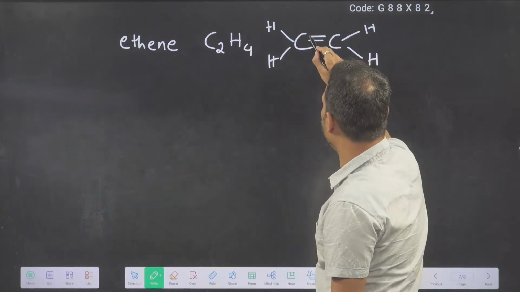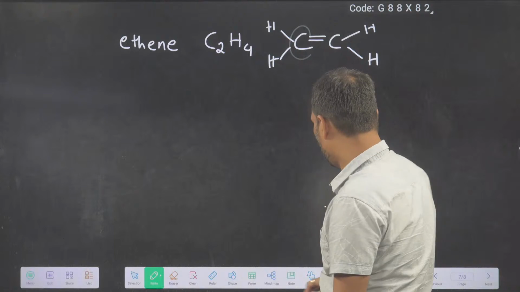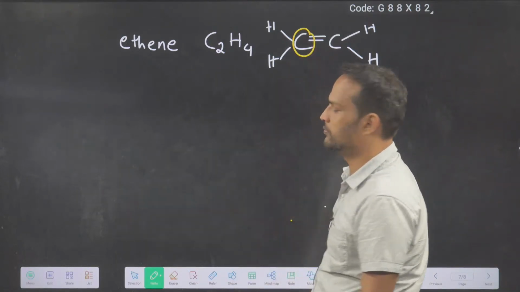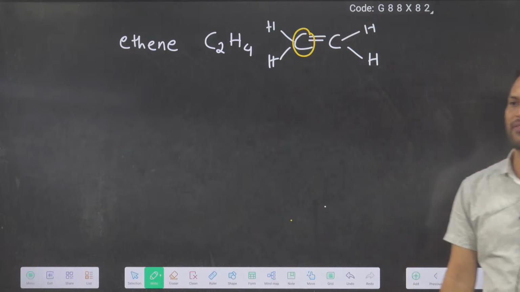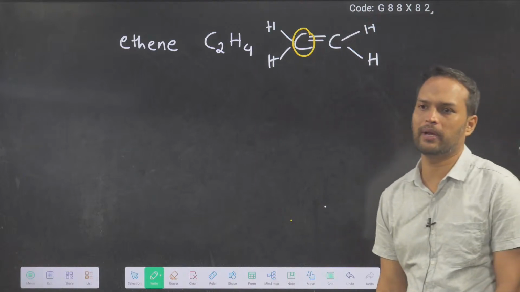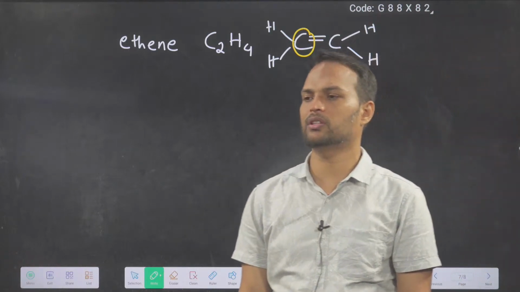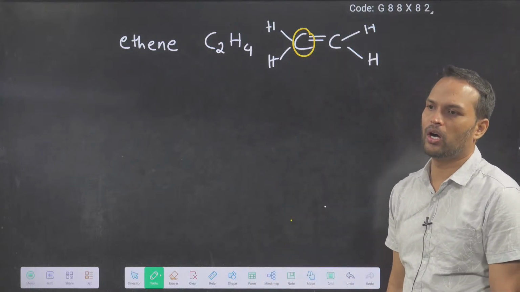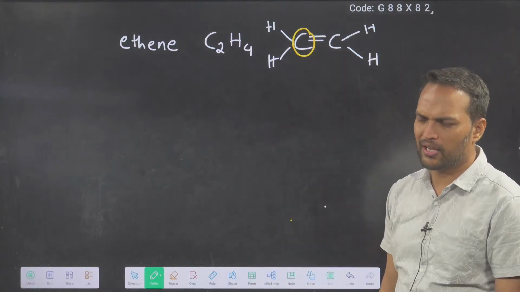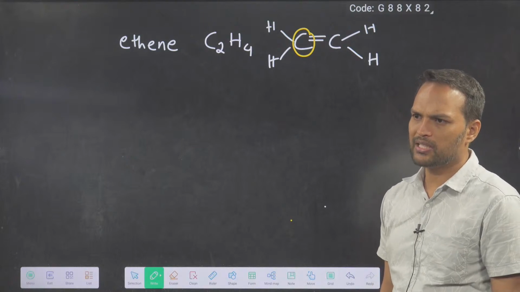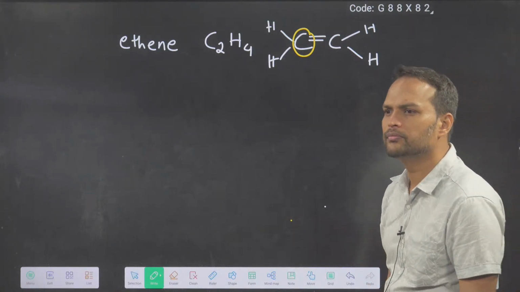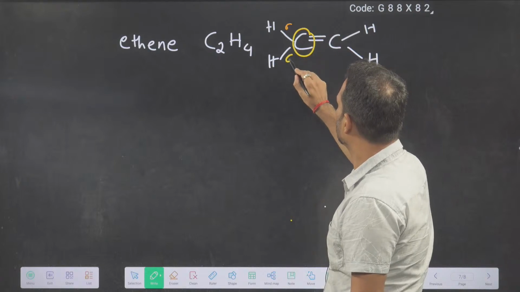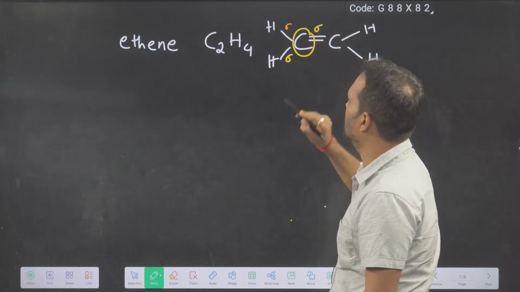Now you tell me, how many sigma bonds are there with this carbon? Everyone try to tell. Someone says 5 sigma bonds, that carbon has 5 bonds? How many sigma bonds? 1, 2, 3.